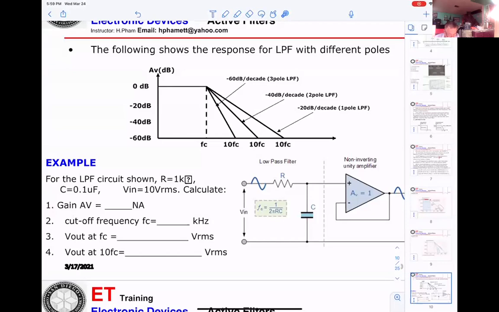For the low pass filter, you get R equal 1K, C equal 0.1 microfarad, Vin equal 10 volts RMS. First thing they want to know is what is the gain of this circuitry. DC gain is unity gain.